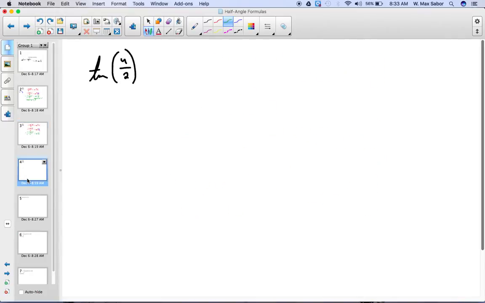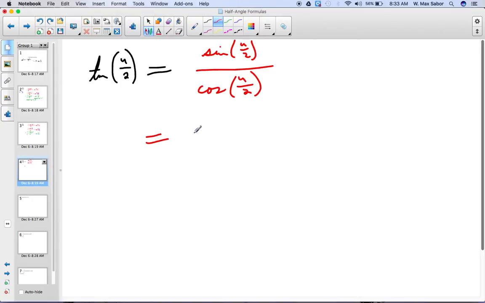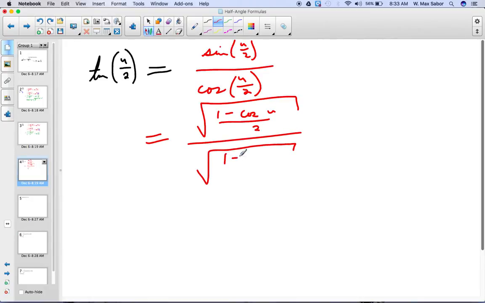Okay, tangent. Tangent, well, by the quotient identity, this is sine of u over 2 divided by cosine of u over 2. And we just figured out what those formulas were. We have the square root of 1 minus cosine of u over 2 divided by 1 plus cosine of u over 2.